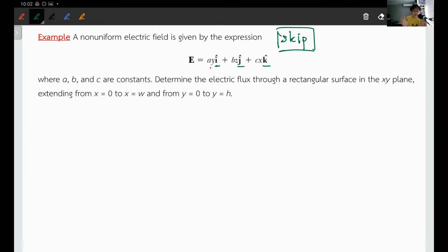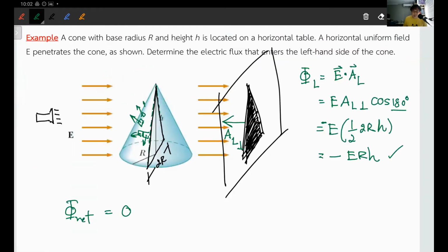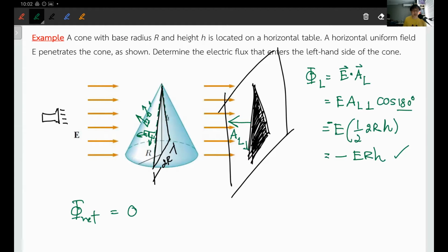Okay, so when I say, why do we have to calculate this electric flux? The highlight is this. Flux calculation is trying to tell you, are there any net electric field lines through the closed surface?